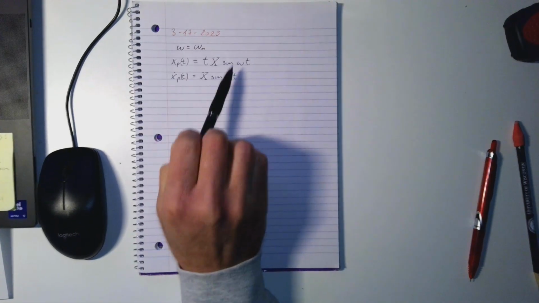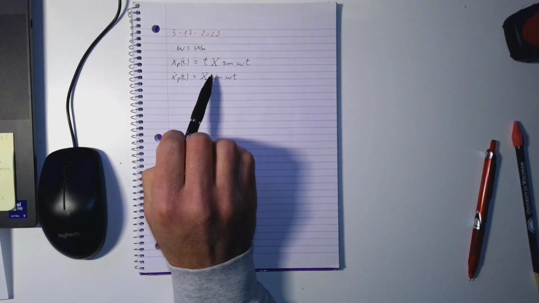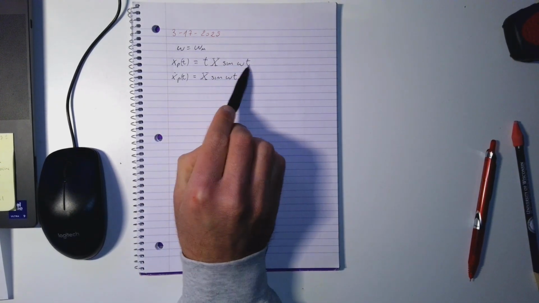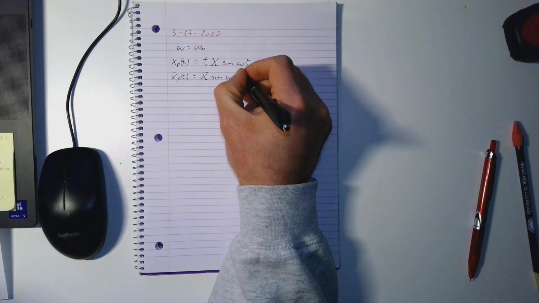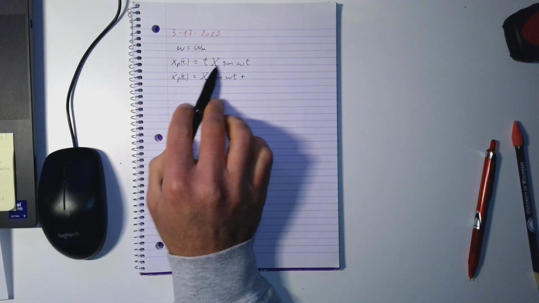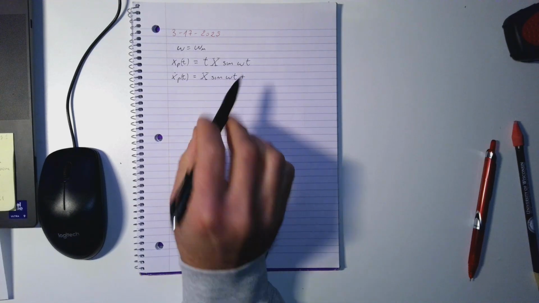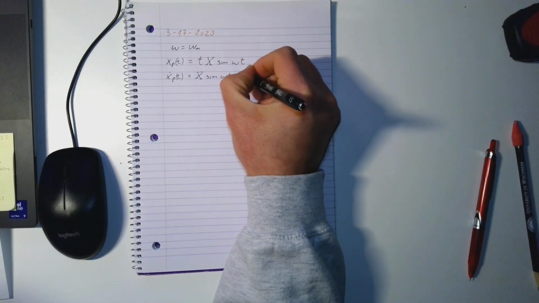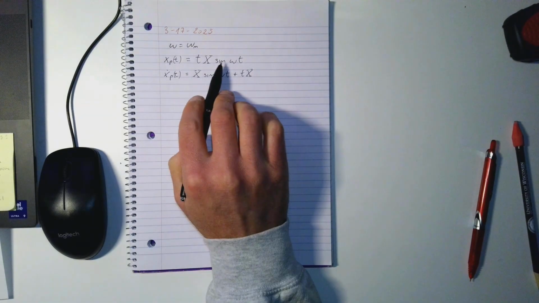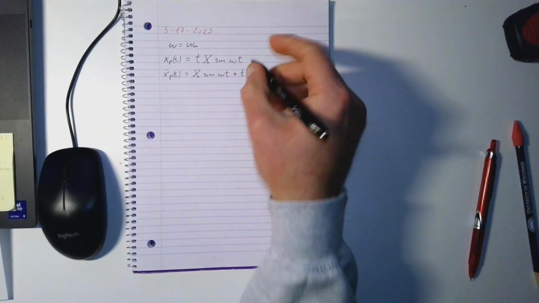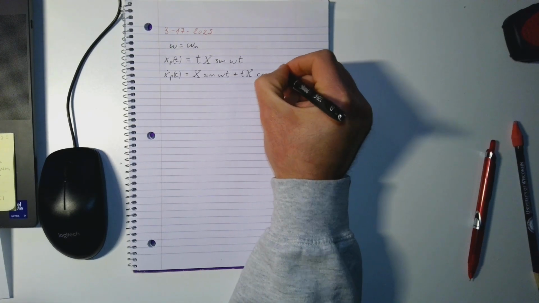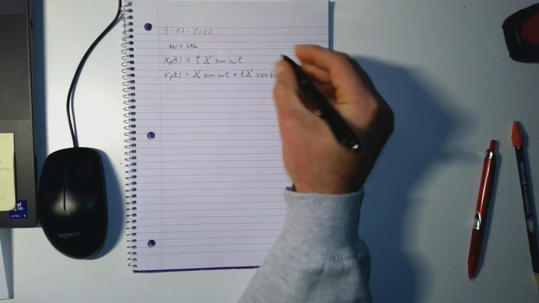So this is the product of the derivative of this times this, and then we have to add this function multiplied by the derivative of this one. So we have t and then big X. The derivative of sine of omega t would be cosine of omega t multiplied by omega.